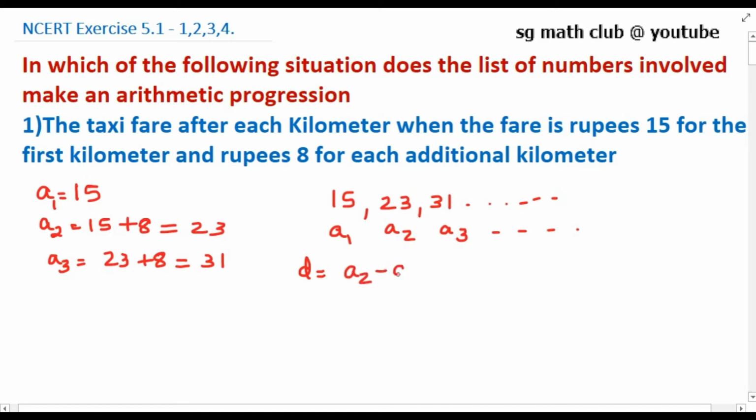So it is A2 minus A1, which is 23 minus 15, which is 8, and again you can see A3 minus A2, 31 minus 23 is 8. So the common difference is constant. So we can say that this list of numbers makes an AP. This is an example of an AP: 15, 23, 31 forms an AP.